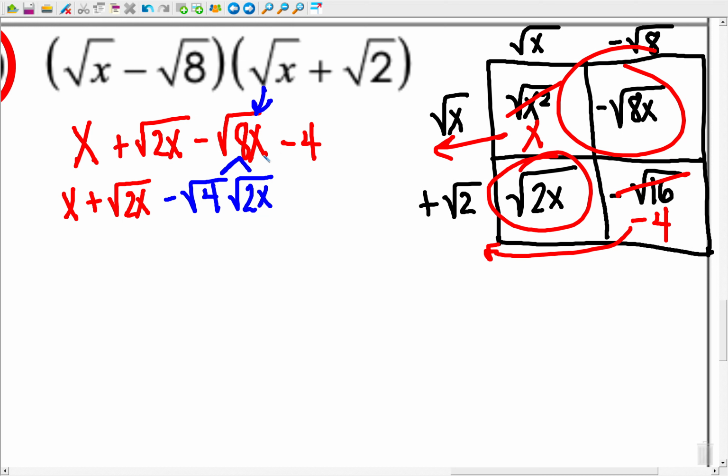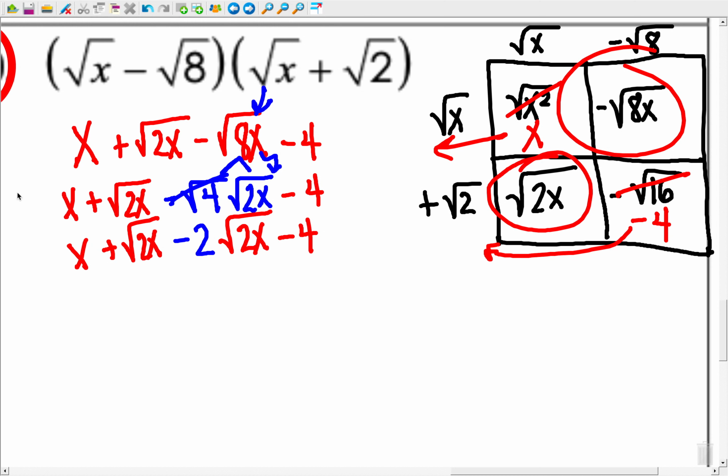The x is not a perfect square, so it comes in the leftover. And now bring down my negative 4. This here is going to become negative 2 times the square root of 2x. Bring down the negative 4. Bring down everything else in front of it.